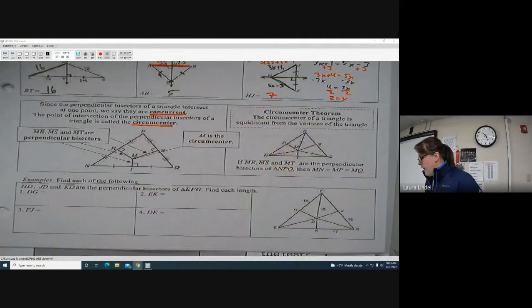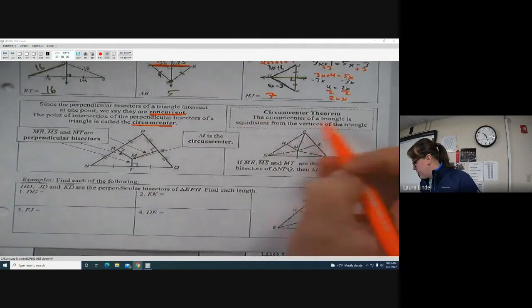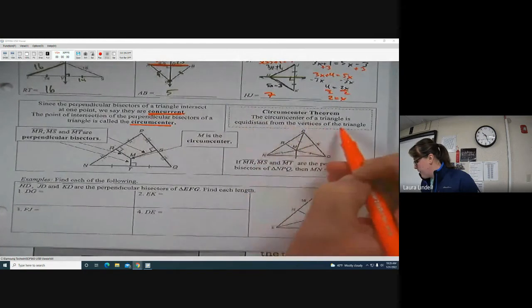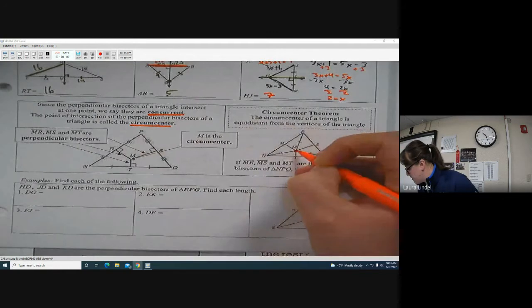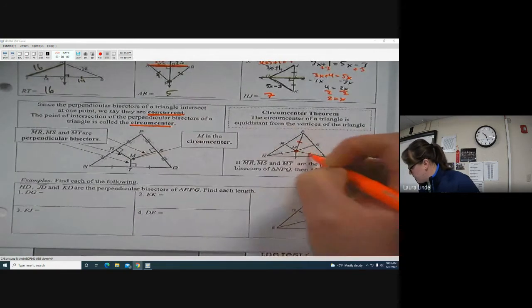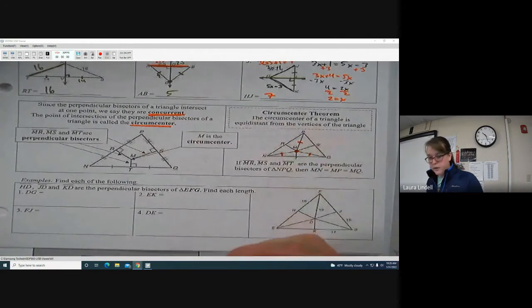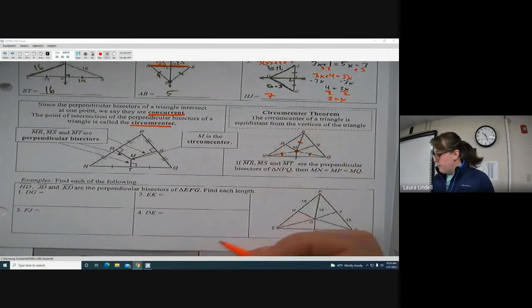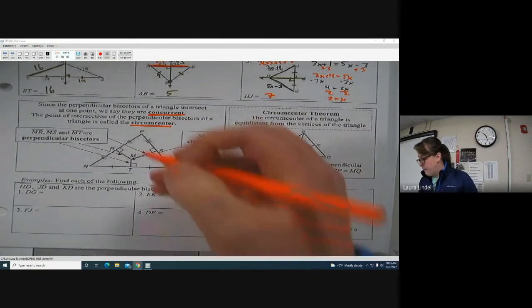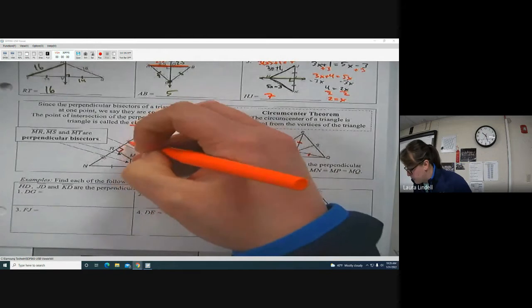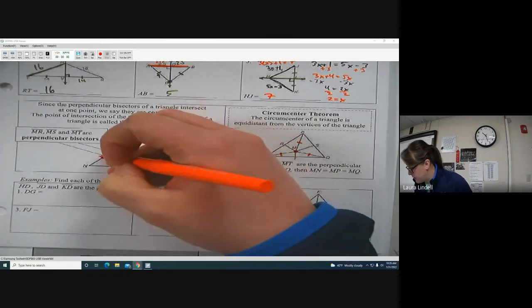All right. And the circumcenter theorem says that the circumcenter of a triangle is equidistant from the vertices of the triangle. So what it says is that if this is the circumcenter, then all three of these segments are the same length. And we know it's the circumcenter because either you could be told that it's the circumcenter, or you could see it in the markings on the picture. We could notice that this is perpendicular and it's bisecting this side.